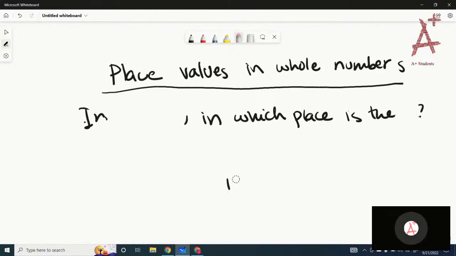So the first question on the test is: in 8146, what digit is in the tens place?